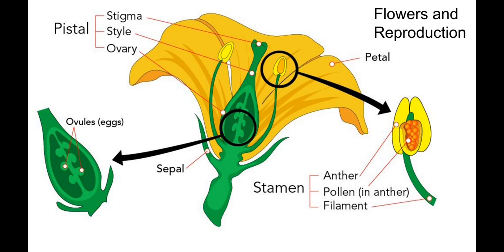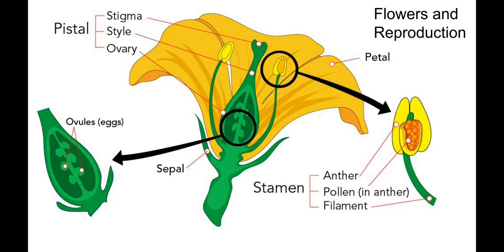So every flower, schematically here it's presented some general view of the flower. It has male and female parts of the flower. So male parts are here presented as the stamen. Stamen has anther with grains of pollen inside, and it has filament keeping the anther.